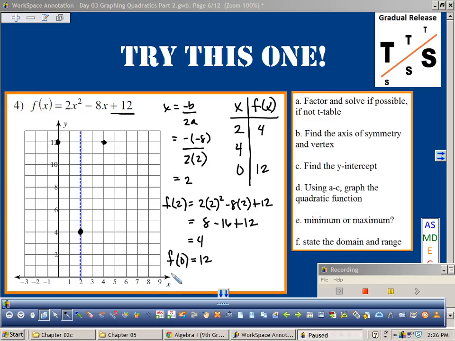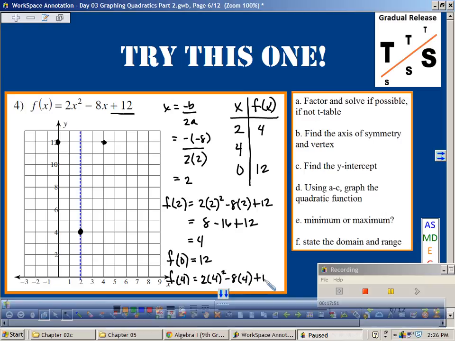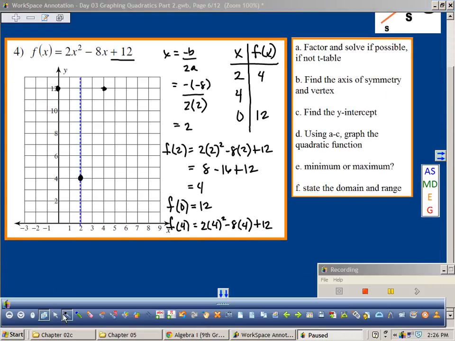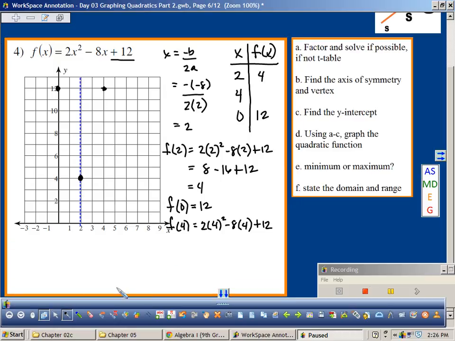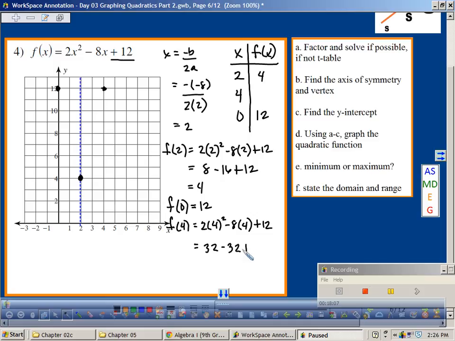So if my last one is 4, f of 4 equals 2 times 4 squared minus 8 times 4 plus 12. 4 times 4 is 16, 16 times 2 is 32, minus 32 plus 12. So it works, right?